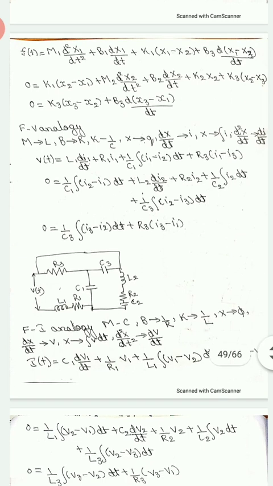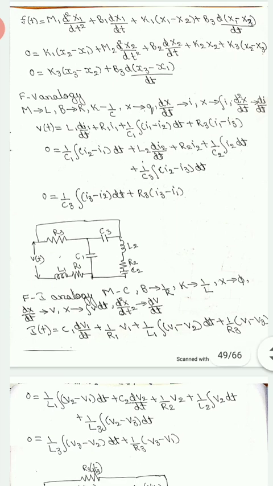Next, for the third equation, C3 we have already written, and R3 also, that means R3 and C3 are connected to the third loop. What about input? Instead of the force we write the input as V of t, that is the voltage.